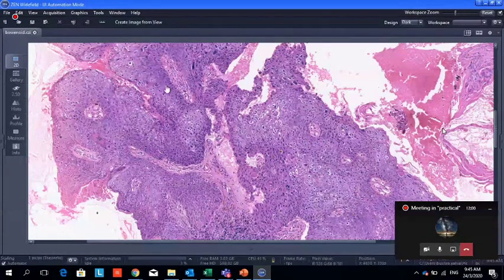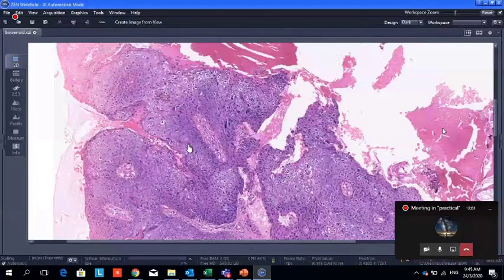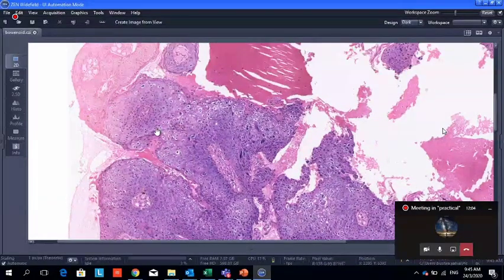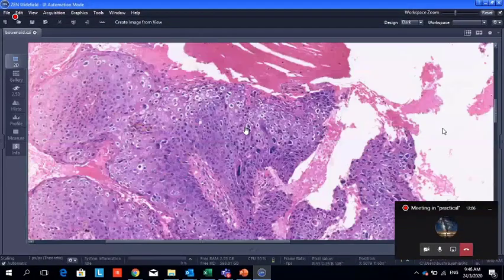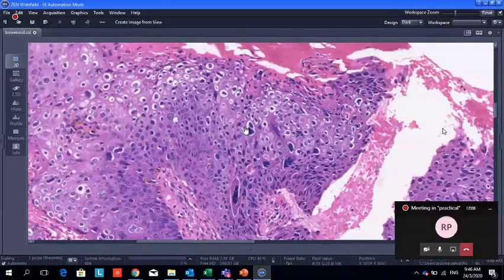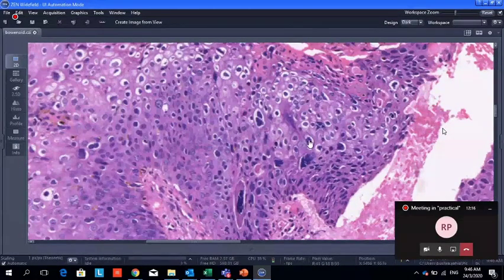So this lesion is considered what? Benign? Carcinoma in situ. Yeah, carcinoma in situ. No invasion. Okay. See the marked variation in the size and shape of the cells and also the nuclei.